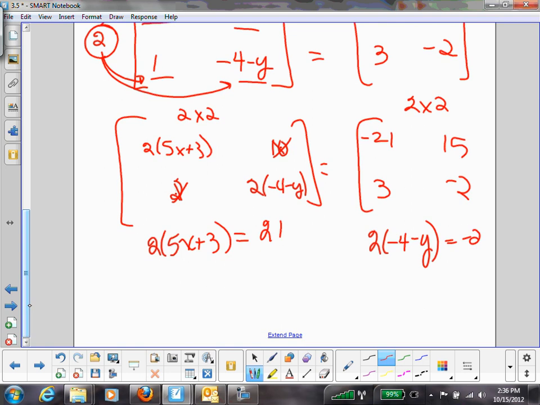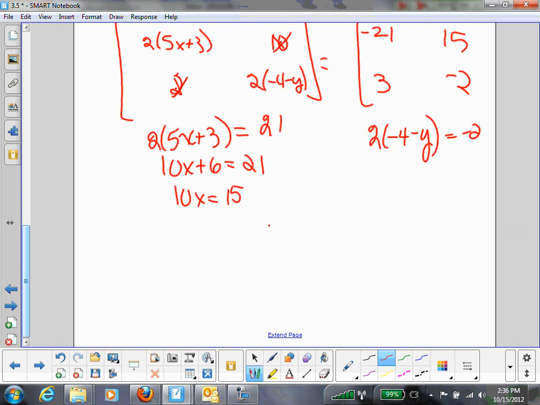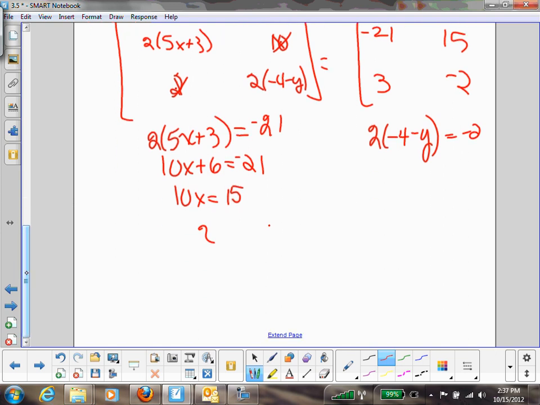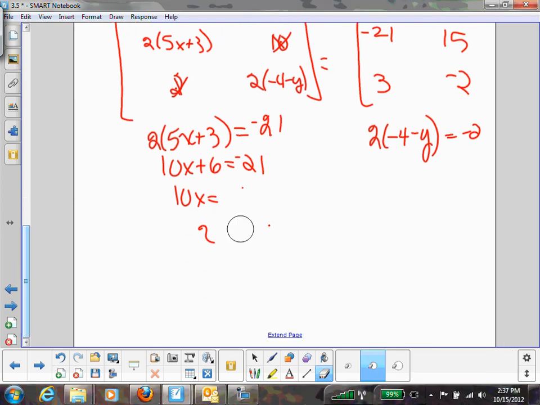So then in this case, we would say, well, that means 10x plus 6 is equal to 21. So 10x is equal to 15. I'm just solving, right? Oh, thank you. And so then what do we really get? We get negative 27, right?